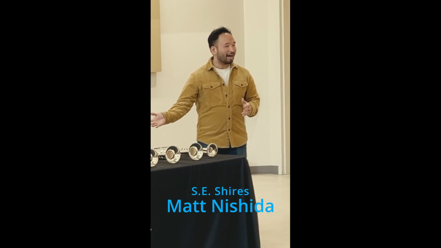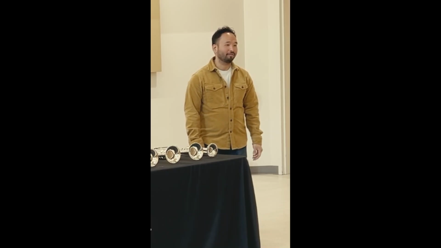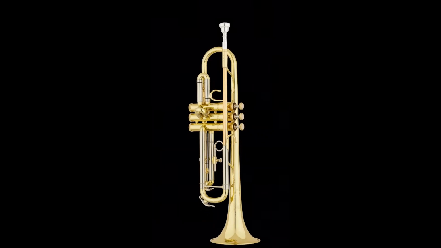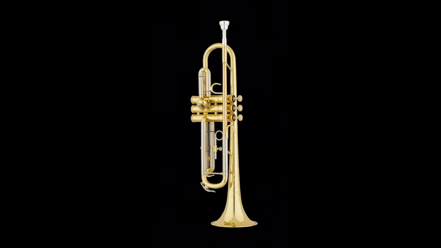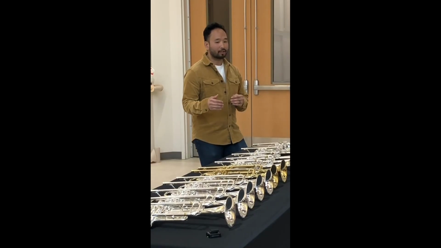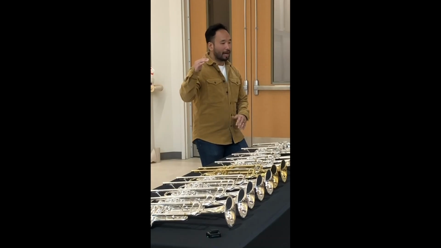99% of the time you'll find that it's made out of yellow brass, right, which is a certain combination of zinc and copper. Basic down the middle of the road horn, if you're trying to find a job in an orchestra or really fit in a brass ensemble, yellow brass is generally the way to go if you're looking for more interesting color and character. I think what's interesting, what we find, is you think that a red brass bell, because it has much more copper in it, is going to be even darker, but the further you get to that red brass copper sound, you actually create a larger scape of sound color.